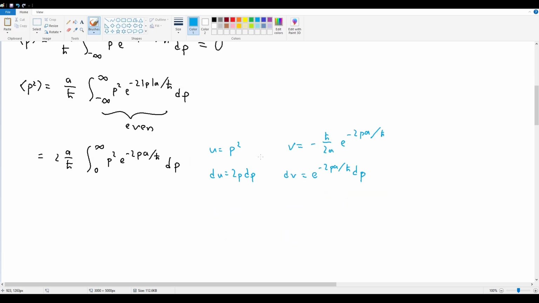Yeah, so that becomes uv minus integral v du. So this is equal to 2a over h bar multiplied by uv, which is p squared times negative h bar over 2a e to the negative 2pa divided by h bar, going from 0 to infinity, minus integral of v du, which is the minus cancels out with the minus here, makes a plus, h bar over 2a, integral from 0 to infinity of e to the negative 2pa divided by h bar times 2p dp.